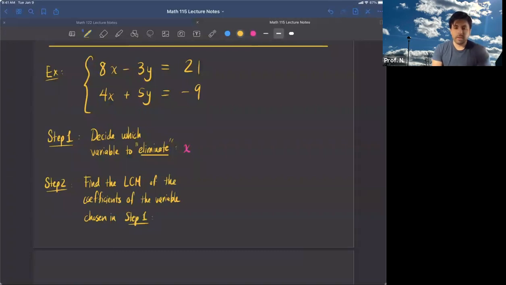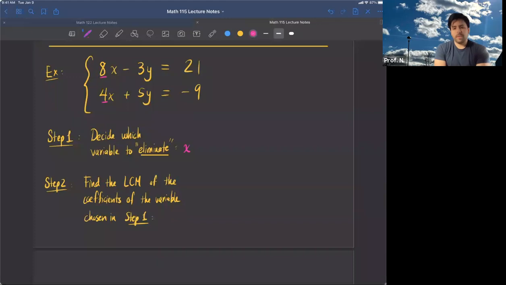So what are the coefficients? 8 and 4, right? Can you just put a negative sign for everything on the bottom except for 9 because it becomes positive? Sure, yes. That's where we're going to get to. But if you just do that, Jalen, and then you try to add, you're not going to eliminate anything. Nothing would be eliminated.